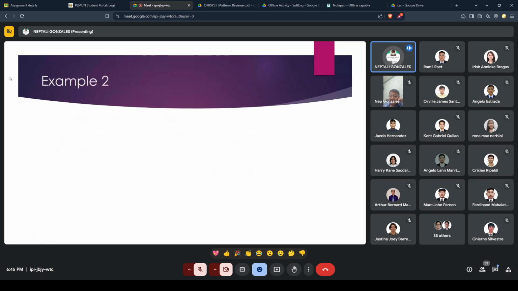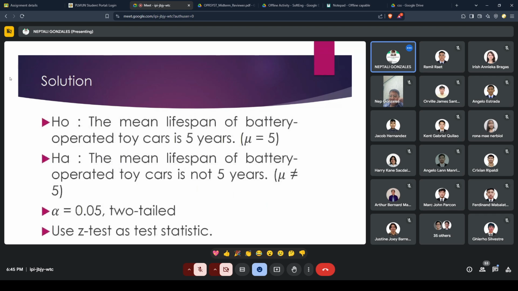Sa first example natin, kinumpare natin mu or the population mean equal to 5 years. Yung isa naman, population mean is not equal to 5 years. Kaya siya naging two-tailed kasi hindi mo alam kung mas tatagal ba yung battery na yon sa 5 years o mas mababa sa 5 years. So depende sa HO and HA, sa null and alternative hypothesis.